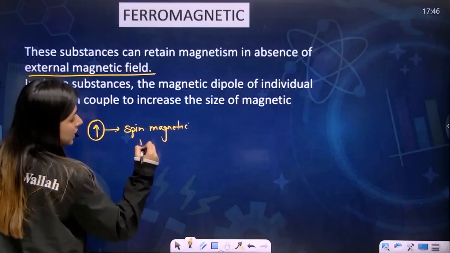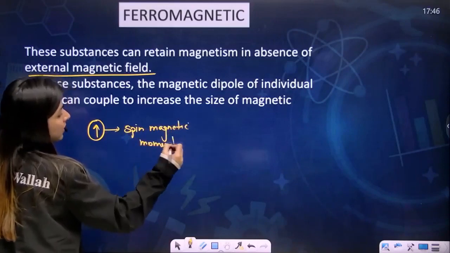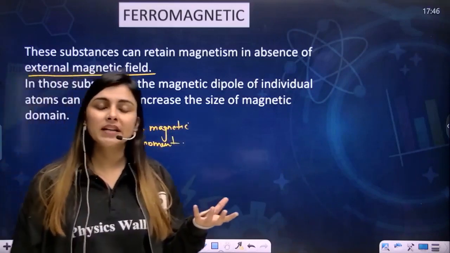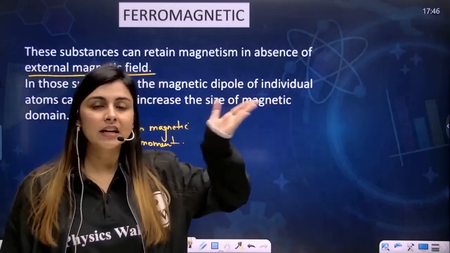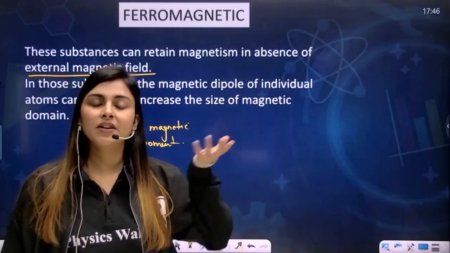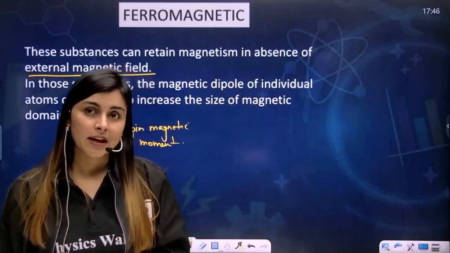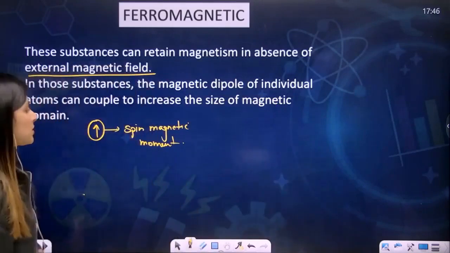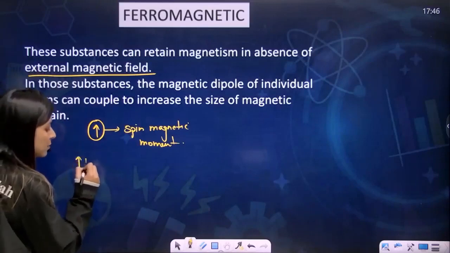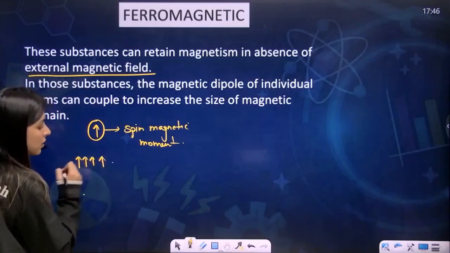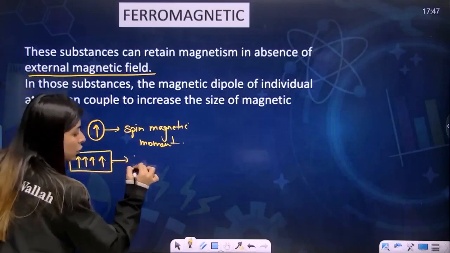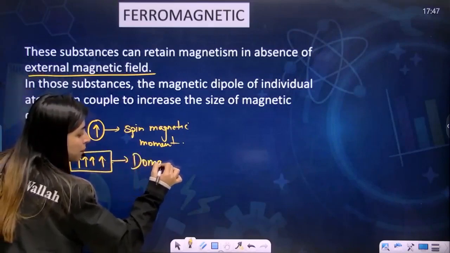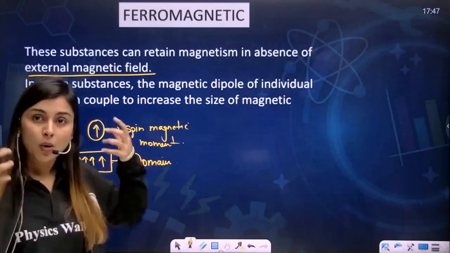In diamagnetic and paramagnetic substances, these spin magnetic moments were getting aligned either along the magnetic field or away from the magnetic field. But in case of ferromagnetic substances, many of these spin magnetic moments with the same axis join together and form a domain. Now they have more power.